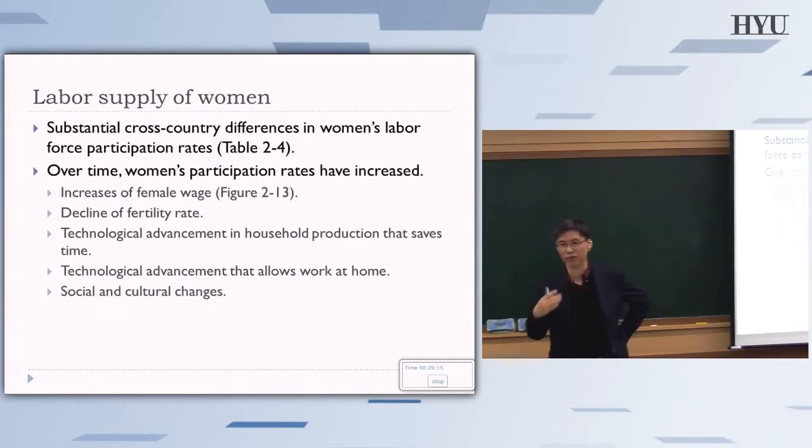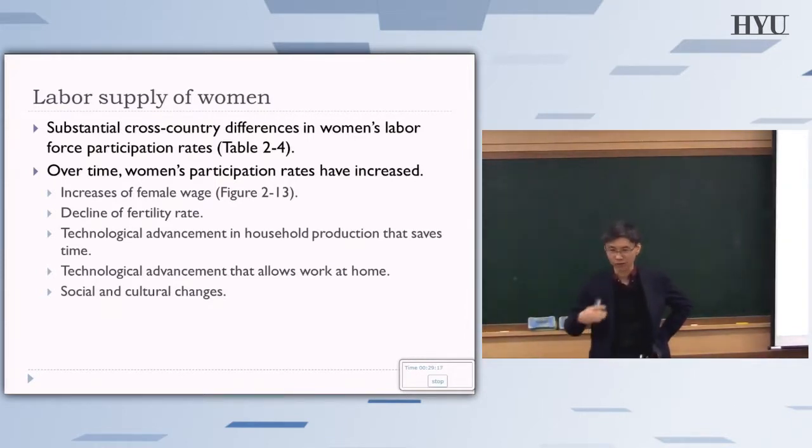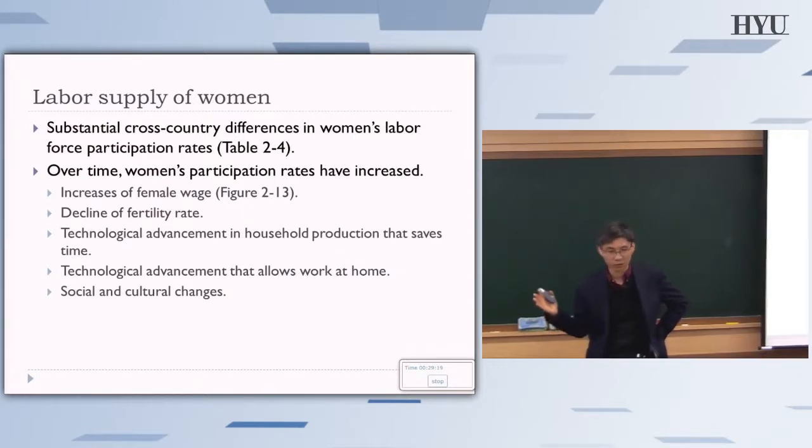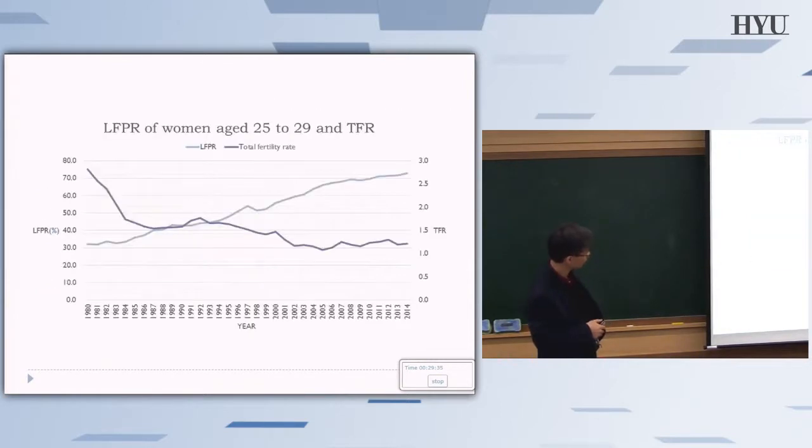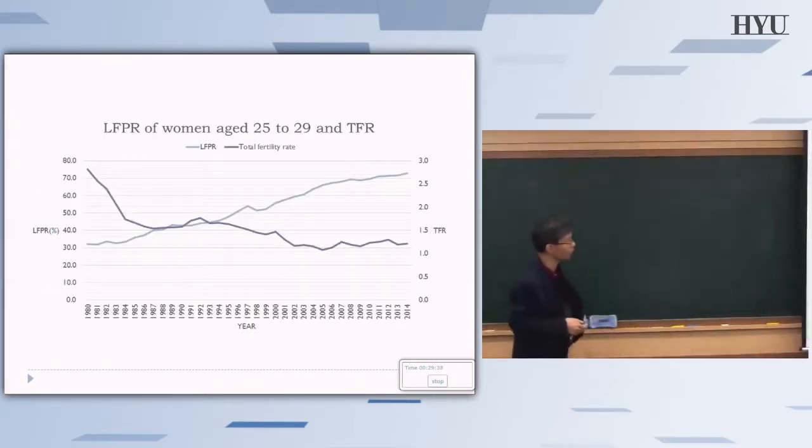But it changed a lot, obviously. In Korea's case, it has changed a lot now. Right? So that is also quite important. So the secular increase in women's participation rates has been a very important phenomenon in most countries. So that is quite an important observation for women.